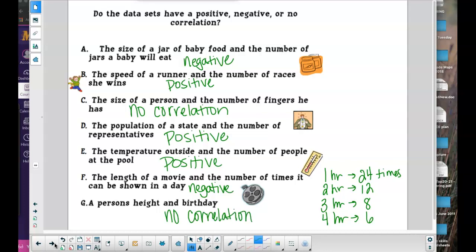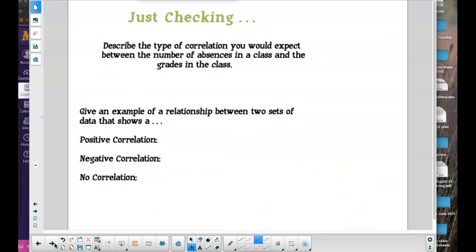Okay, last one. Describe the type of correlation you would expect between the number of absences in a class and the grades in a class. What do you think? What happens to your grade if you're gone from school a lot?